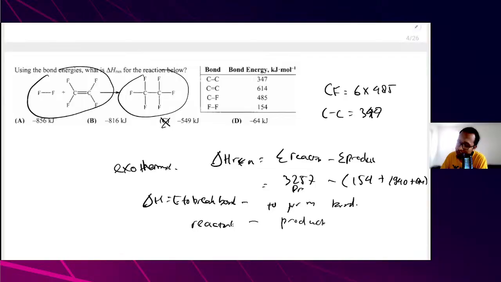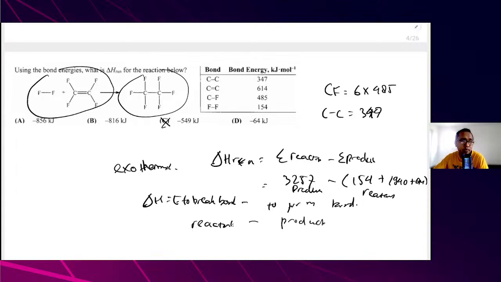This is the product, this is the reactant, and the product is stronger than the reactant. So when you have a stronger product than the reactant, you will release energy. More energy is released forming the C-F bonds than is needed to break the F-F and C-C bonds.